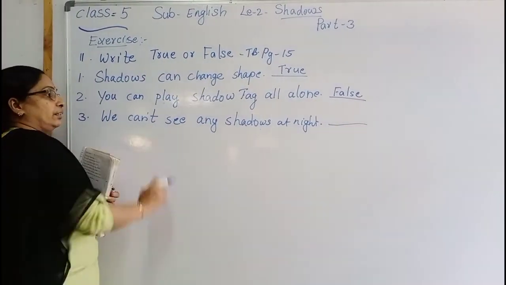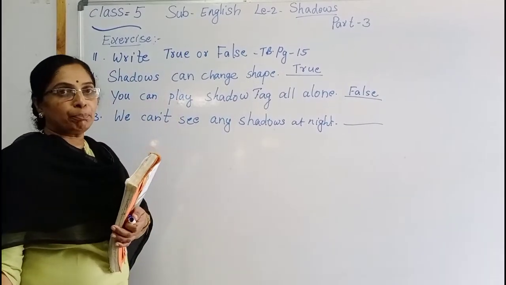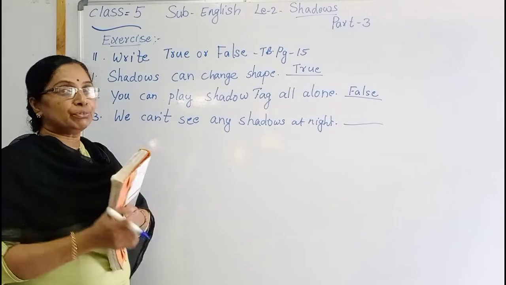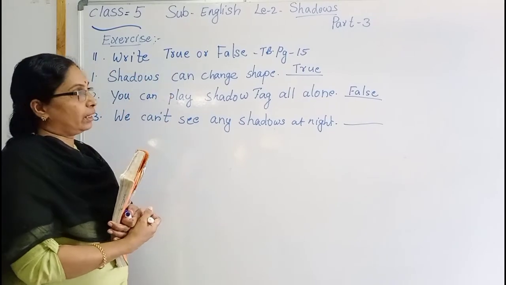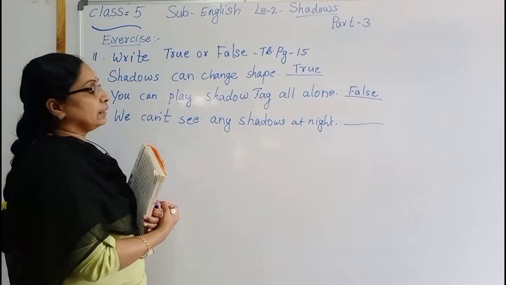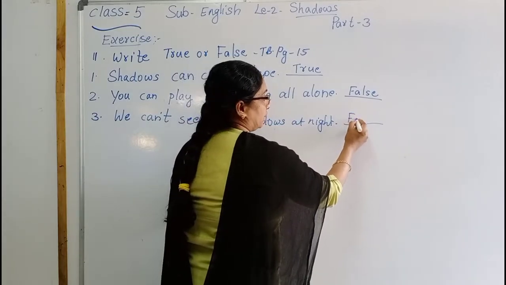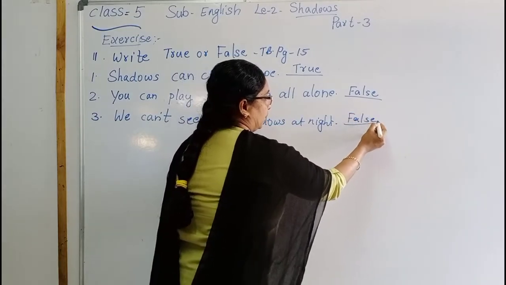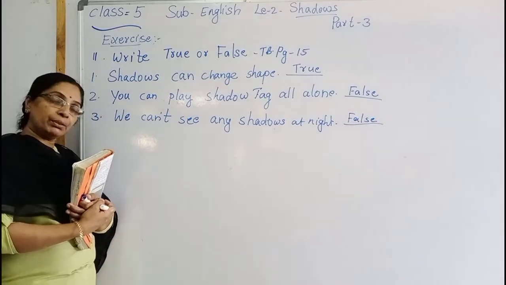We can play. What are the things we need? One object and a flashlight. With the help of a flashlight, we can see the shadows. So the statement is false. Here the statement is saying that we can't see, but we can see.